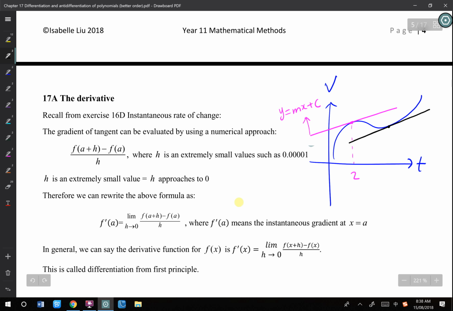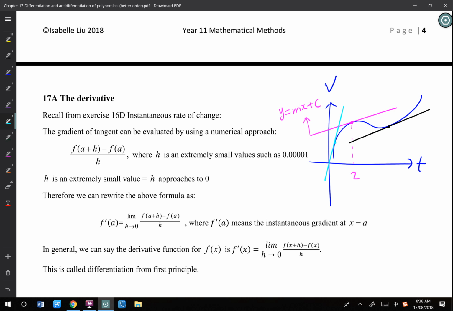If I choose a point here, the instantaneous rate of change is really large because this one has a steeper line, so you get a larger instantaneous rate of change. So at different points of this curve, the instantaneous rate of change will be different. Well, maybe not all. There might be some points that have the same gradient, but most points will have different instantaneous rates of change.